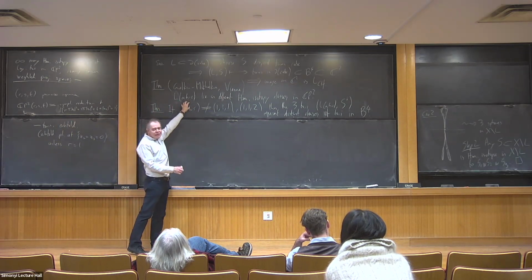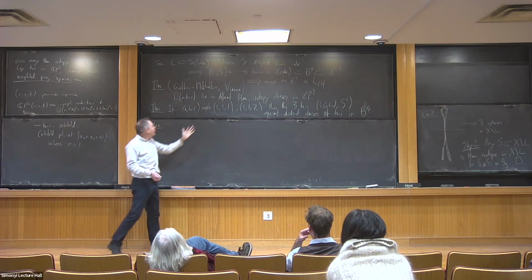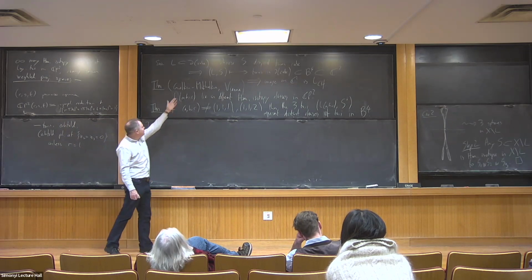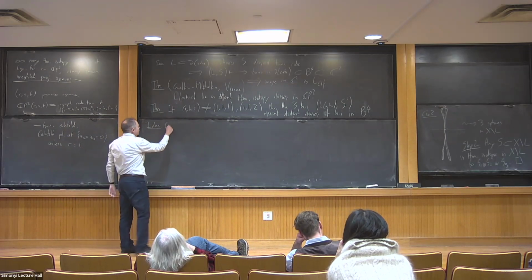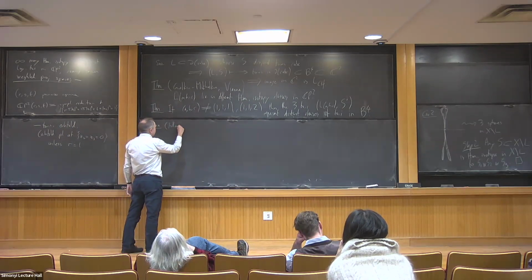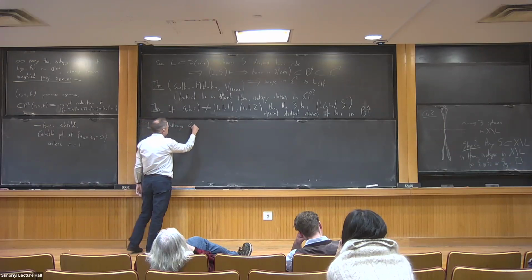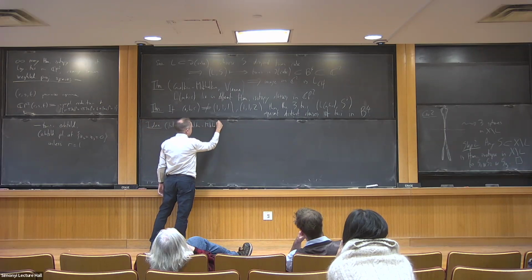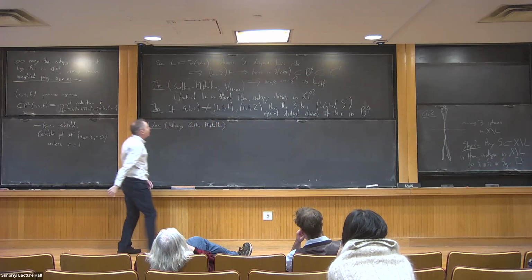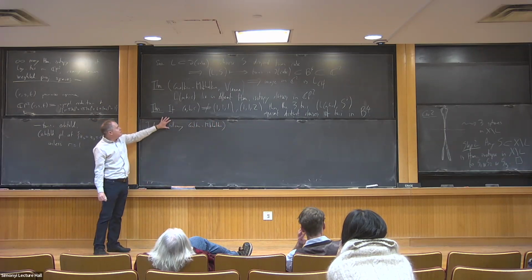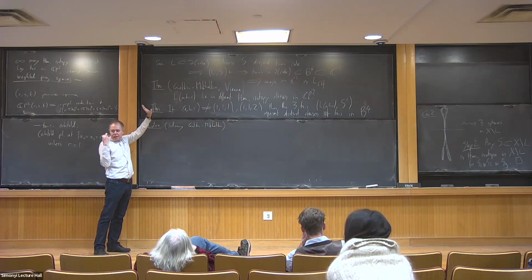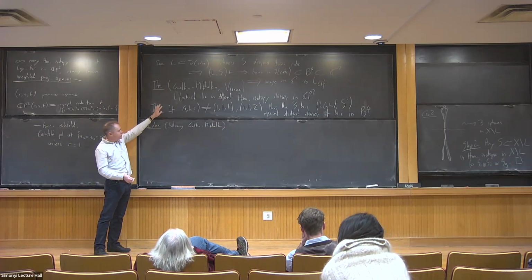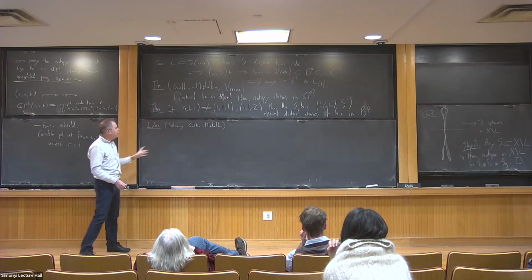One way of proving these things is to study Maslov 2 disks, kind of counts of Maslov 2 disks. Following ideas of Galkin, we know a lot about the Maslov 2 disks with boundary on these Lagrangian tori.